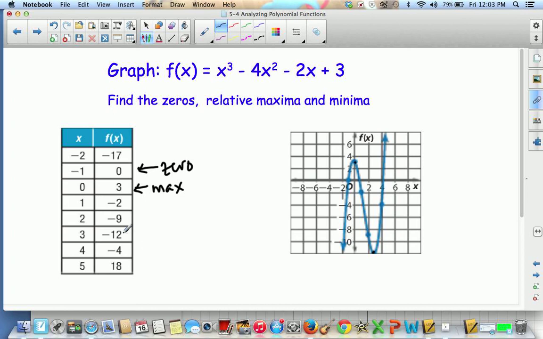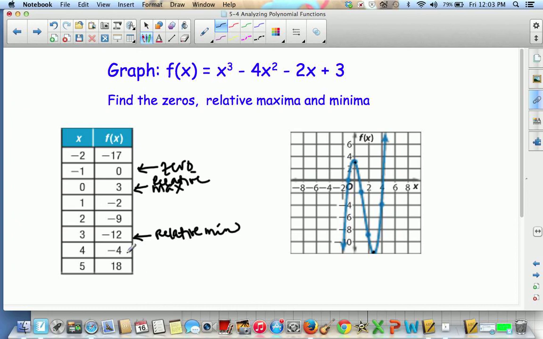And we can find that by looking at here. If you notice right here, and we probably should put relative. So a relative min would be right here. This would be a relative max. Because if you notice, the y-coordinates on either side are higher, are greater. So it's a relative min.